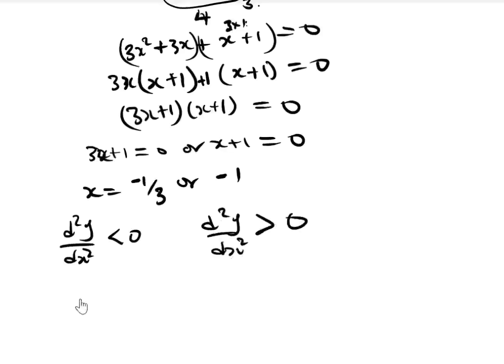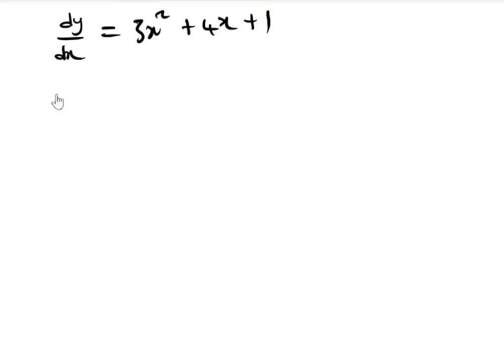So let's differentiate the function for the second time. We already have that dy/dx is equal to 3x squared plus 4x plus 1. Therefore, d squared y by dx squared is equal to the differentiation of 3x squared, which is 6x, plus the differentiation of 4x, which is 4.